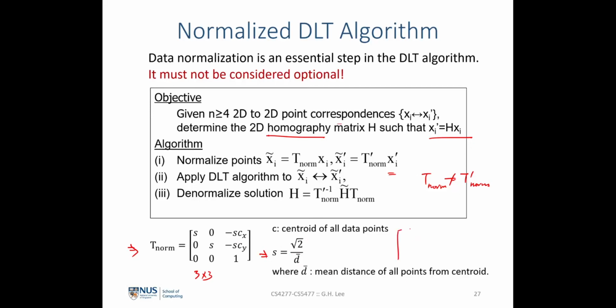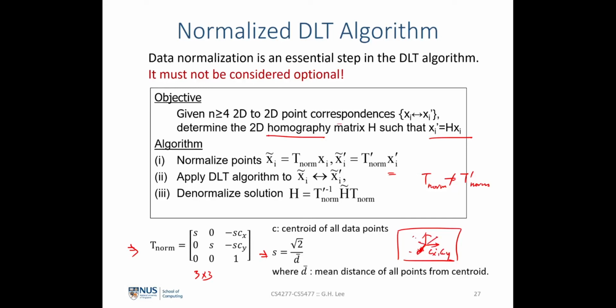This means that if I have an image, I have all the points over here, and I compute the centroid. The first thing to do is to compute the centroid over here, which I denote as Cx and Cy. And then we'll take the average distance.